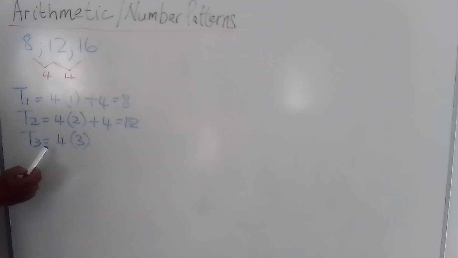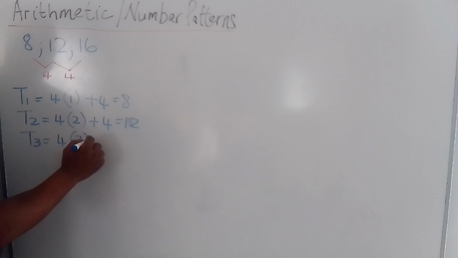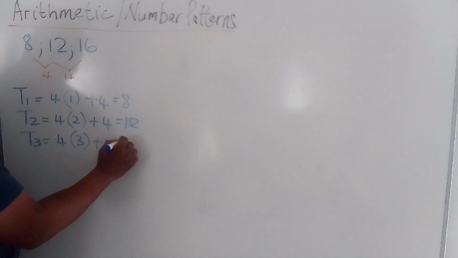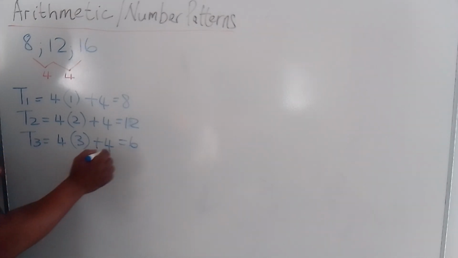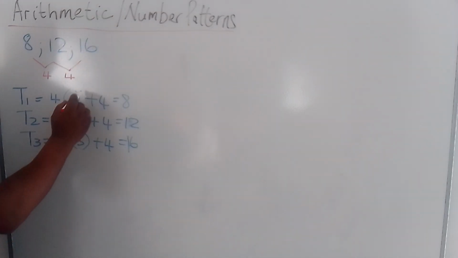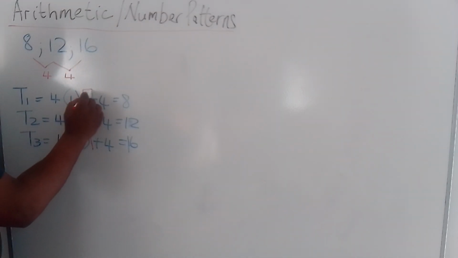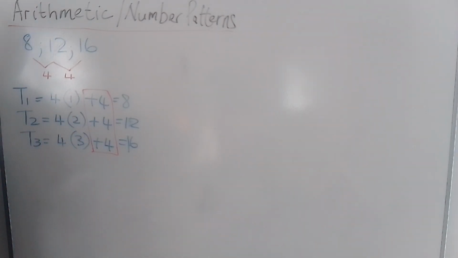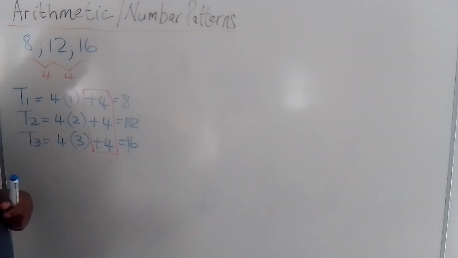Similarly, we can get our third term: 4 times 3 is 12, plus another 4 is 16. So if you look here, we've added 4 every time to the number that is multiplied by the term number.